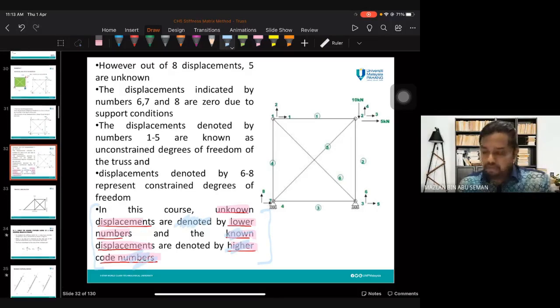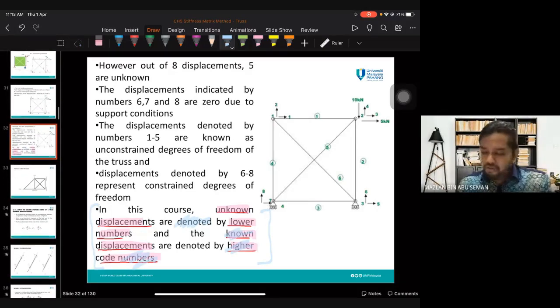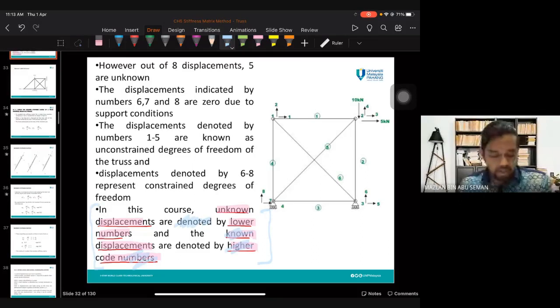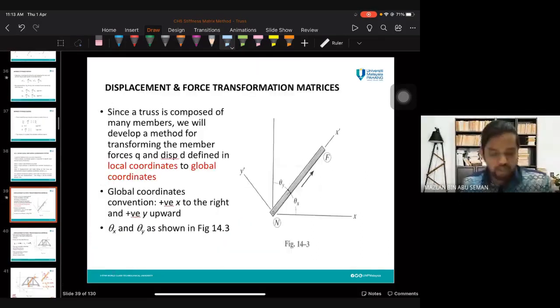Hopefully that's clear. Then we go for page 39, about near and far formula. Refer back to your note, figure 14.3. Take this as one member.